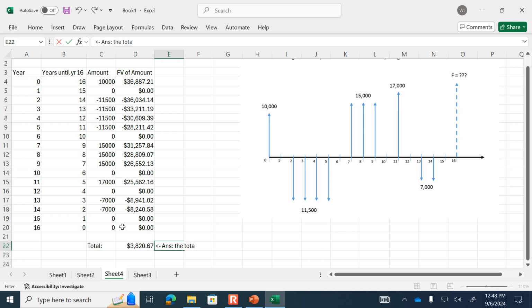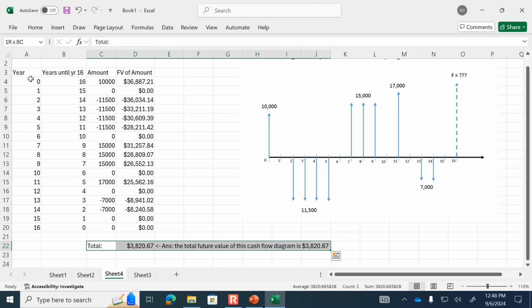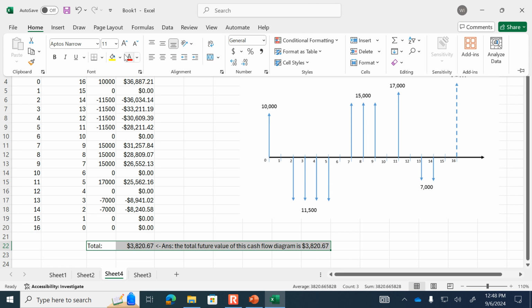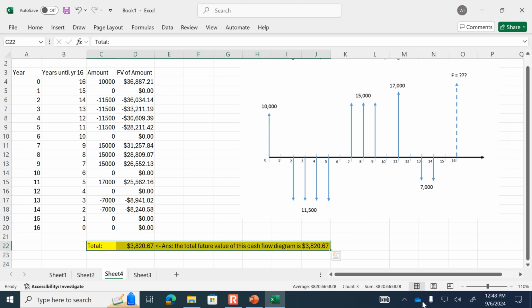The total future value of this cash flow diagram is 3,820 and 67 cents. Okay. And just for good measure, to make it easy to find, I'll highlight it all in yellow. That's the final answer. That's the future value.